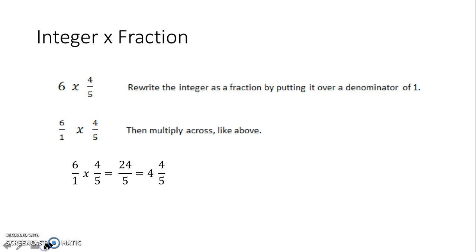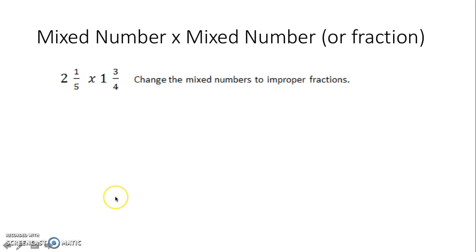The next type of multiplication is a mixed number times a mixed number, or a mixed number times a fraction. Our first step is to change the mixed numbers into improper fractions. As you show me that you know how to do this, just a quick review: we go the whole number times the denominator plus the numerator. If you don't remember how to do this, I would write this down.